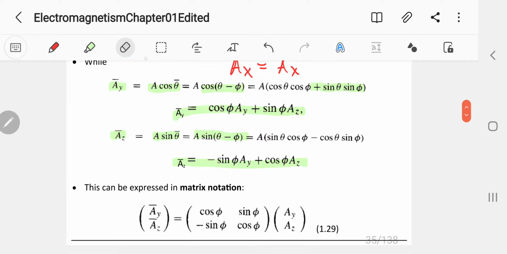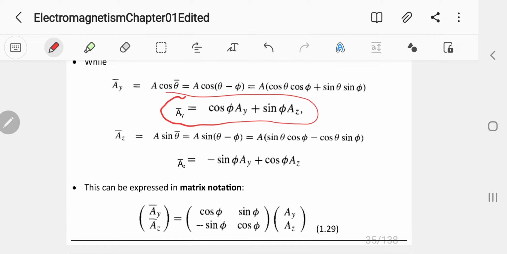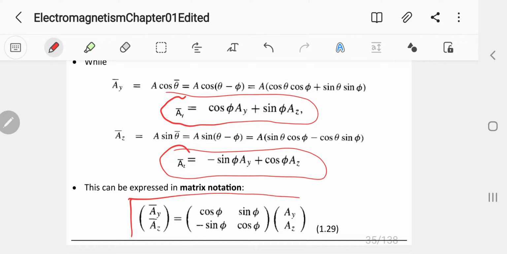So if you just look into these two equations here, you can express them in matrix notation in this form.